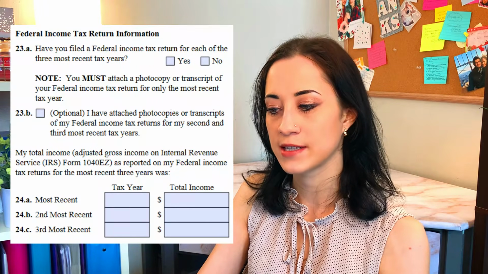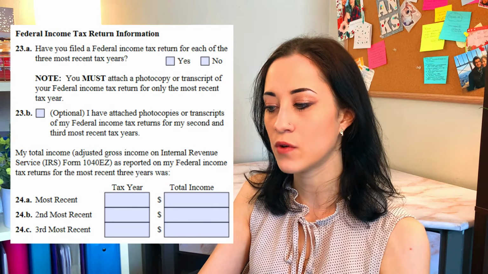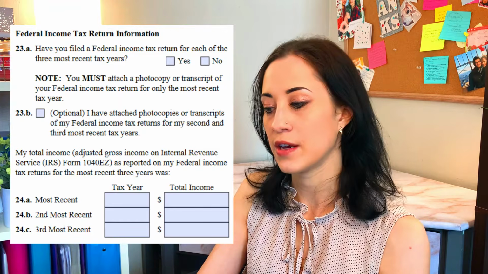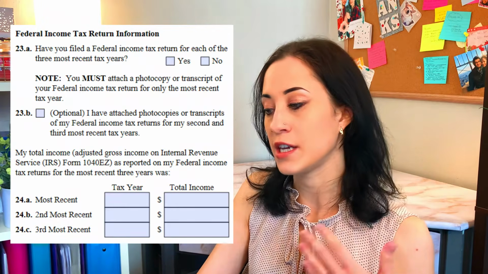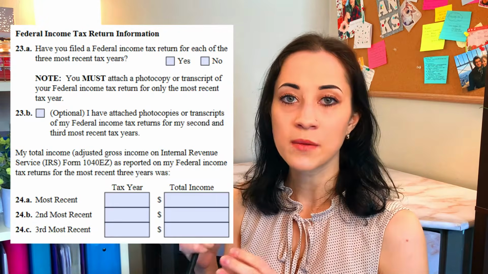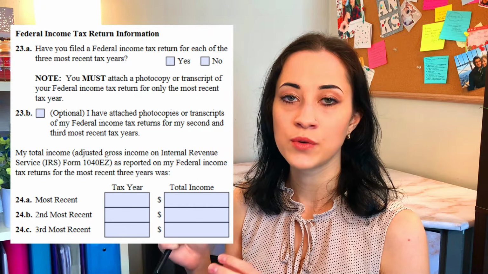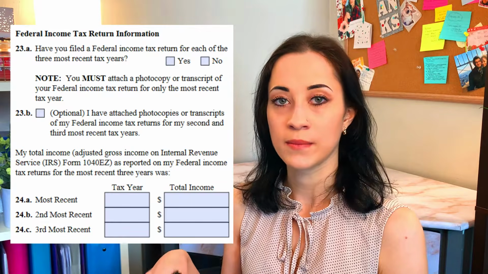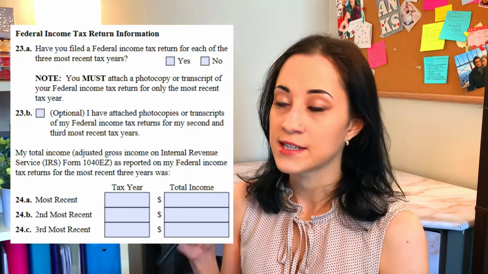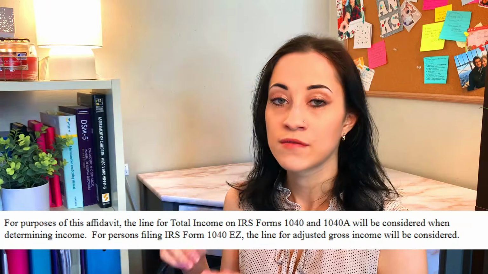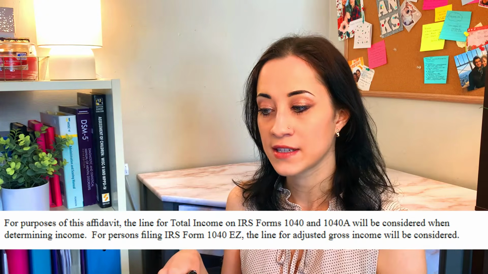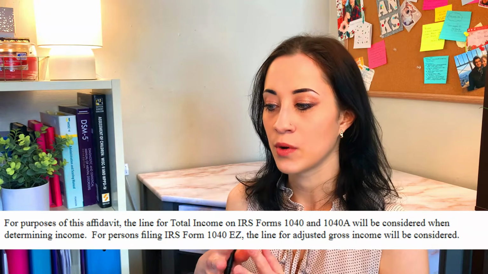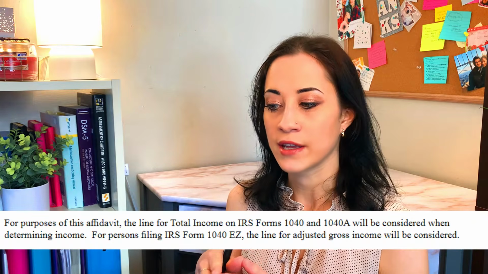Next, let's talk about part 6, questions 23, 24. Again, you will have to here write in taxes from previous year or years. Let's talk about whether or not you will be reporting adjusted gross income or total income. In the form instruction, it specifically says that for the purposes of the affidavit, your total income will be used to calculate your income.